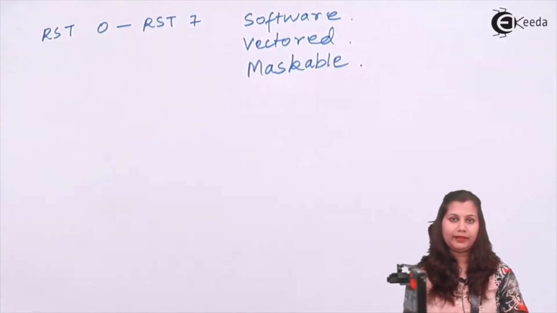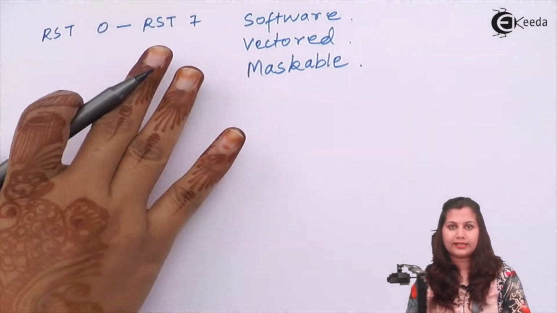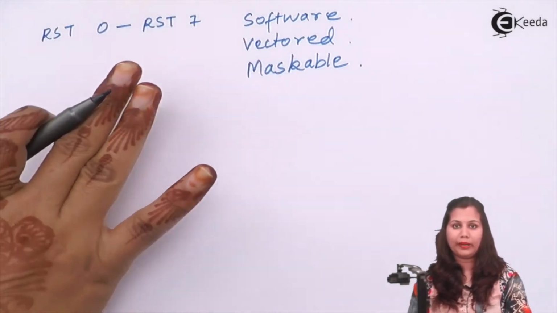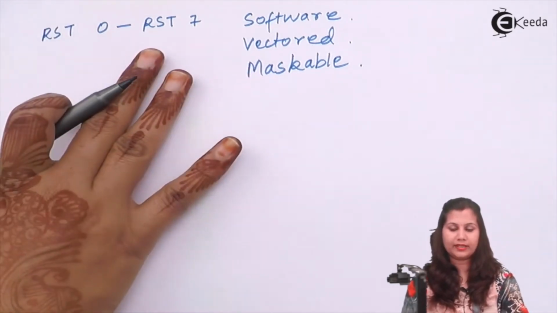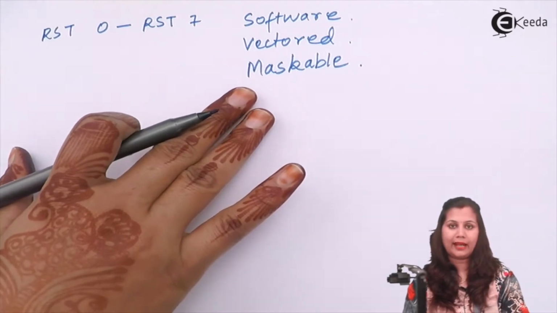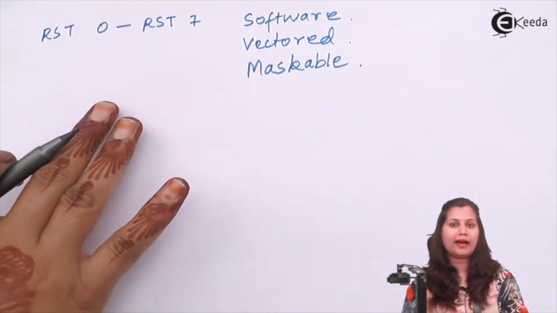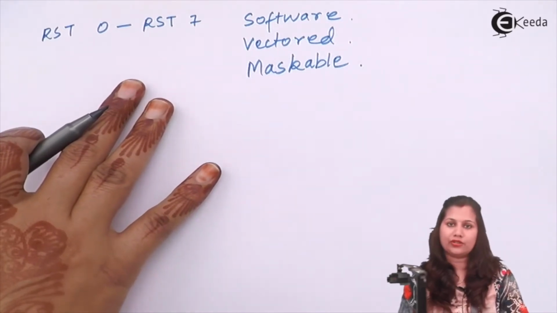Okay, up till now we have studied that trap and INTR were hardware interrupts, but RST0 to RST7 are software interrupts. Vectored, vector means they have fixed addresses which are already defined, and maskable, that they can be masked using the RIM and SIM instructions provided in the 8085 instruction set.